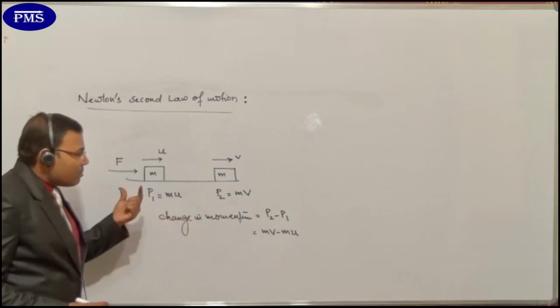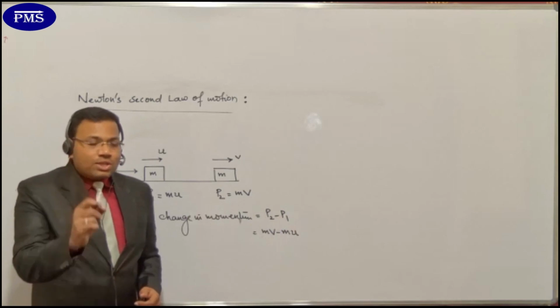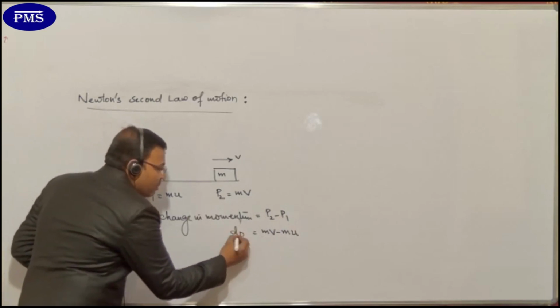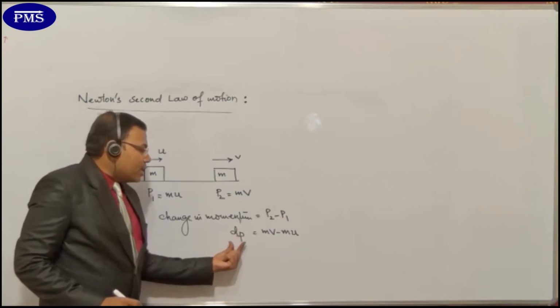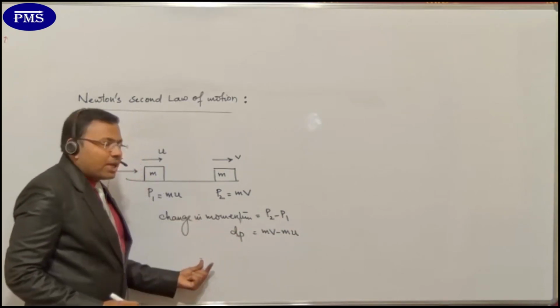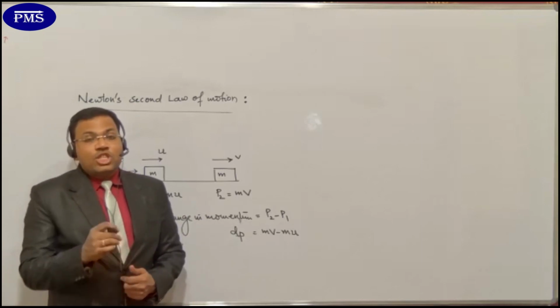So suppose this change in momentum is taking place. Small change in momentum, I am denoting by dp. And this change in momentum is taking place in a small time interval, that is dt.